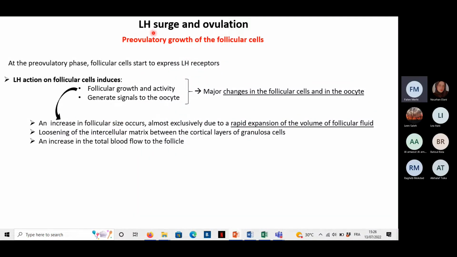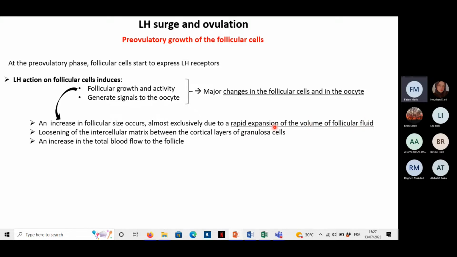As a consequence of this LH surge, the granulosa cells will not divide anymore, and the dominant follicle will increase in size almost exclusively due to a rapid expansion of the volume of the follicular fluid, because those granulosa cells will release a lot of progesterone and other substances due to this LH surge.